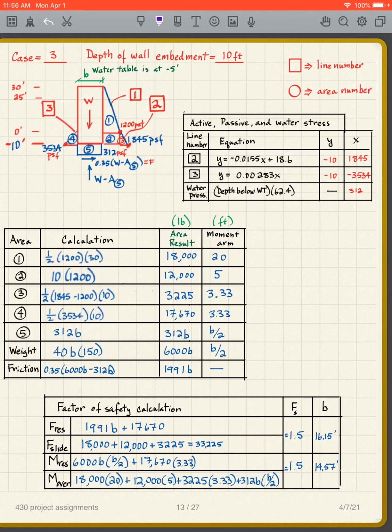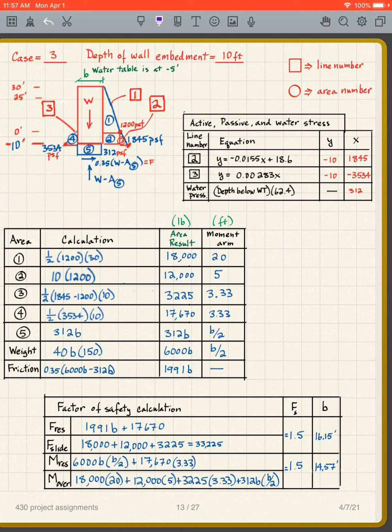So you've previously developed the equations for line numbers 2 and line numbers 3. We're going to use those now. And so we have the active zone here, we have the passive zone here, and then underneath, we've got the weight of the wall, and then underneath we have the water pressure. In this case, we have a water pressure because we're 10 feet down and the water table's at 5 feet down.